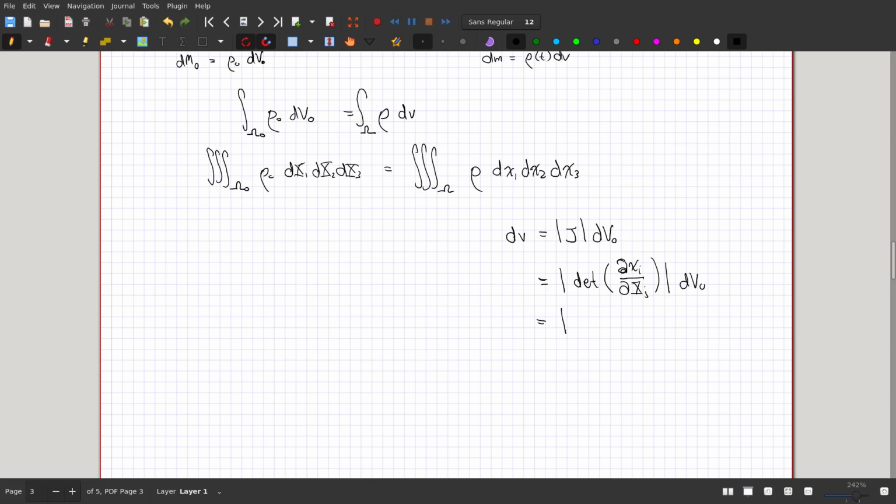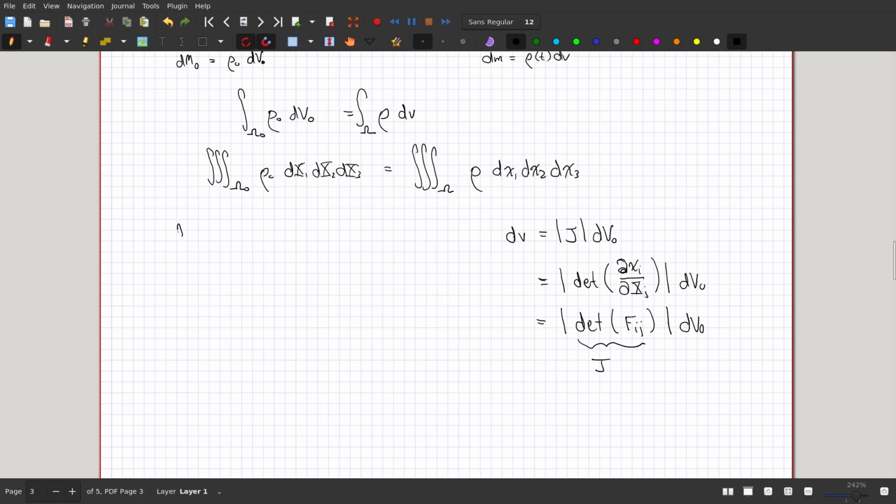So this is the determinant of F ij times dV0, and we call this J. So little dV is the absolute value of J times dV0, and we can plug J dV0 in for little dV in that equation up there.